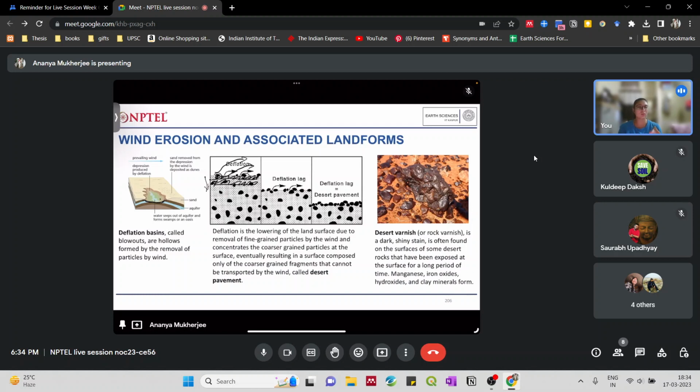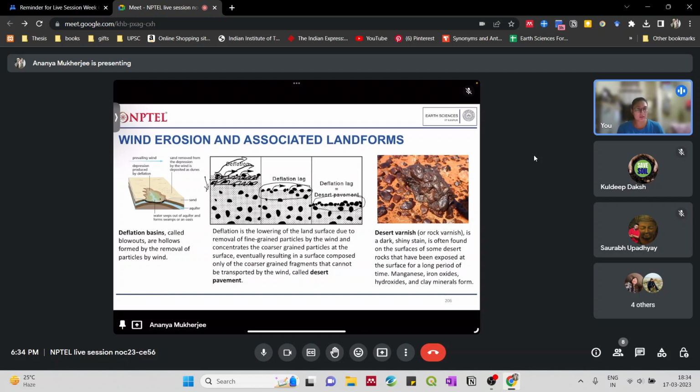So the amount of finer grains is decreasing, the land level is decreasing, and the concentration of coarser grains is increasing. After some time you are left with just the coarser grains, and this is called a desert pavement. It is a surface composed only of coarser grain fragments that cannot be transported by the wind there.